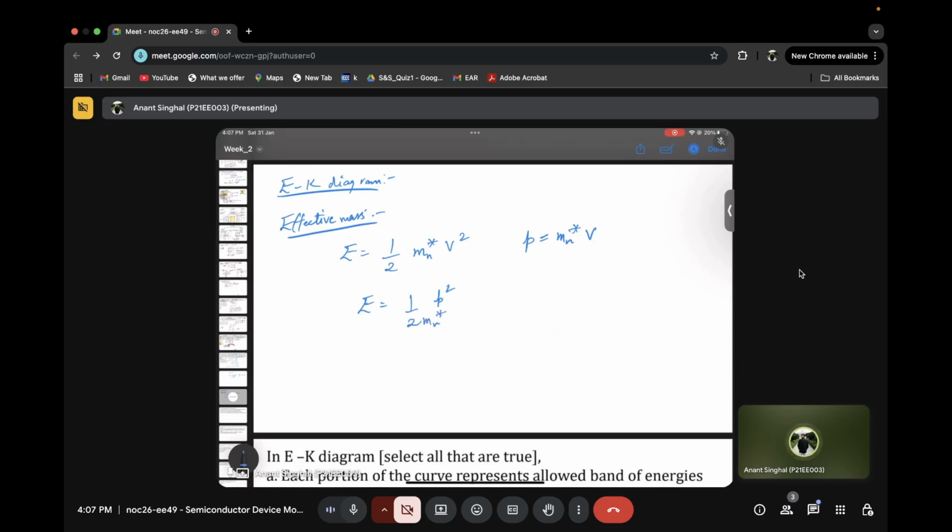Is this clear till now? These are the basic formulas that we study. And we know that the momentum is also given by h cross times k, which is the wave number.